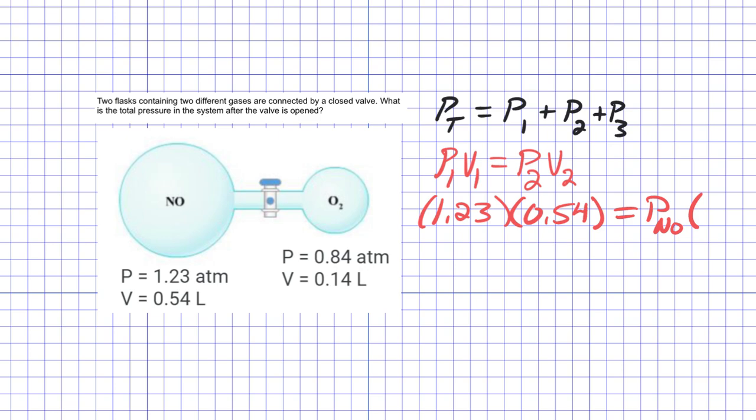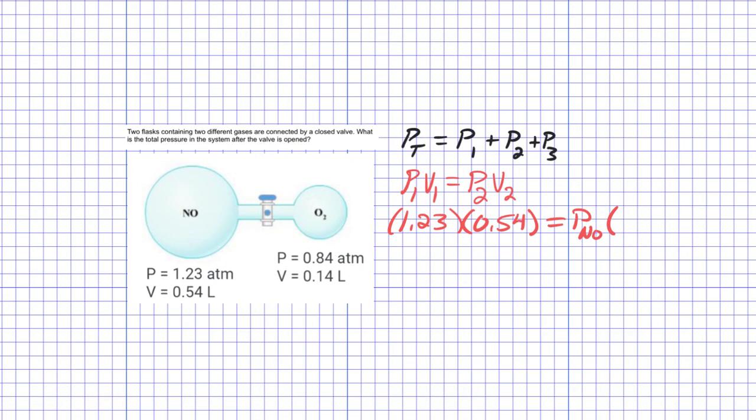And the final volume is going to be the sum of the volume of the two containers: 0.54 liters plus 0.14 liters. And if we solve for the partial pressure of NO after we've opened the valve, we get 0.98 atmospheres.